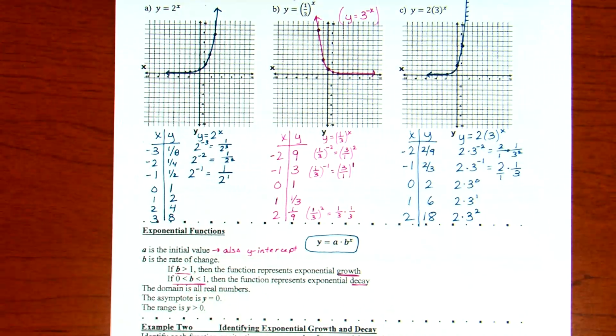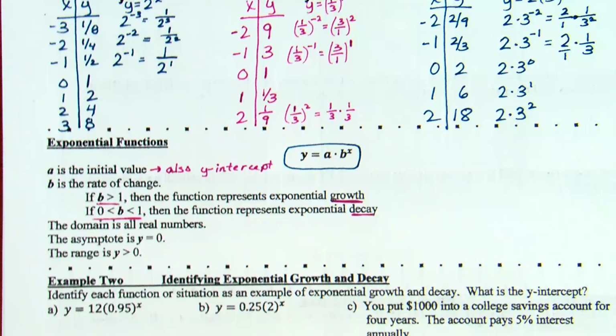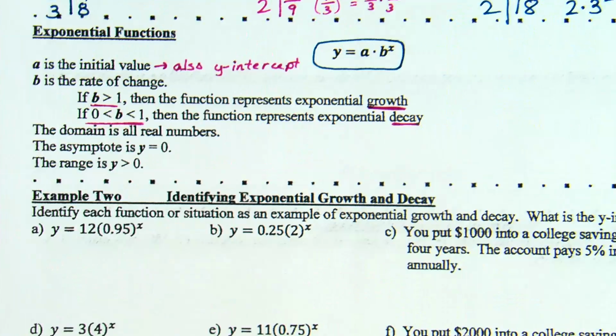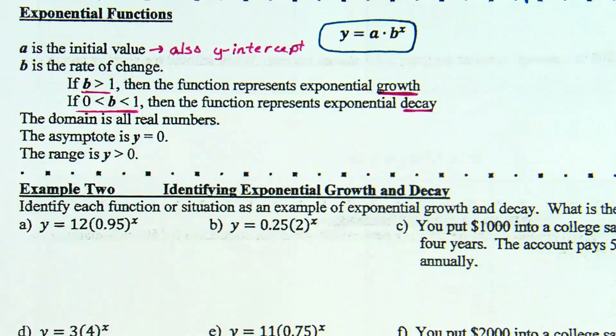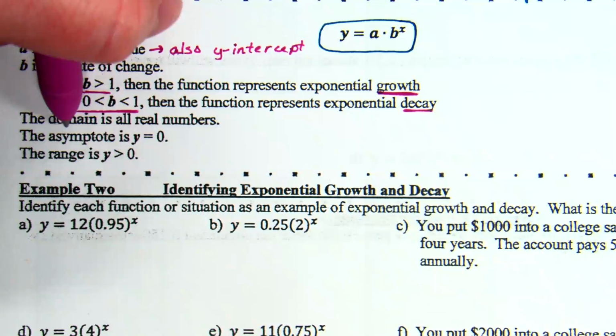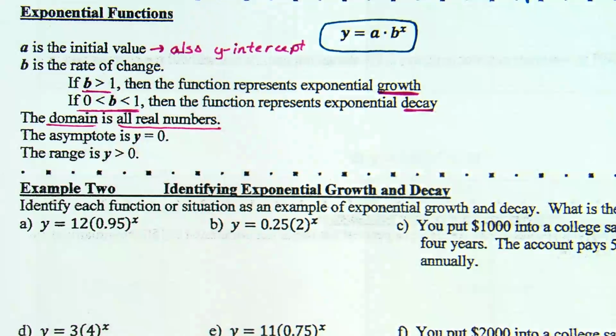Okay. Domain. Well, think about those graphs. These graphs go infinitely left and infinitely right. So your domain is going to be all real numbers here, because we can put in any x value we want.